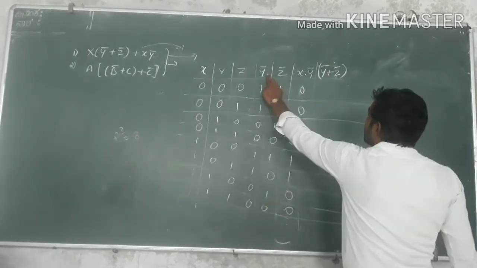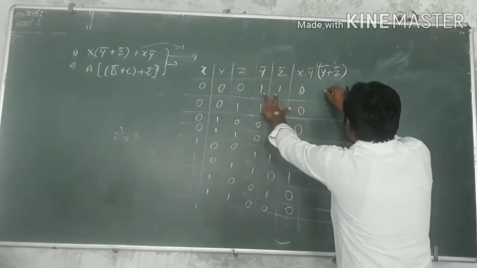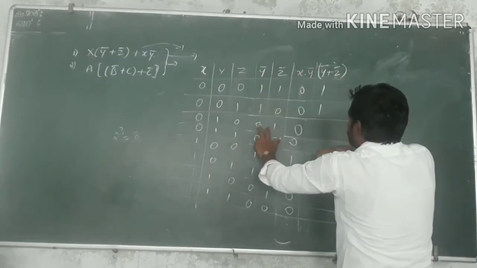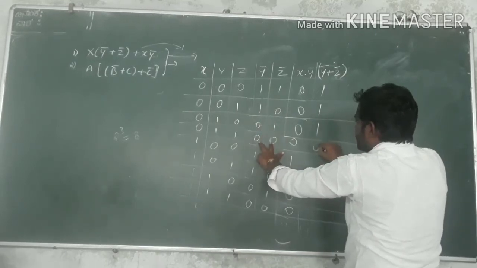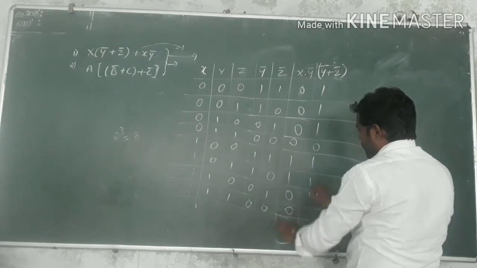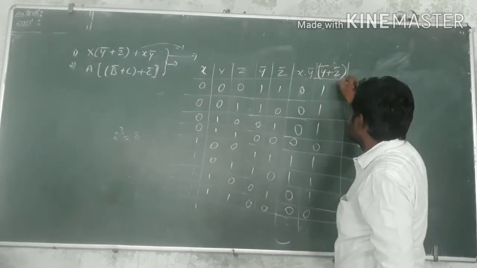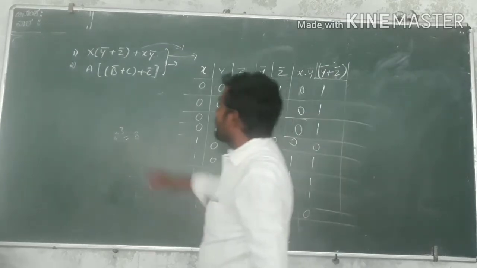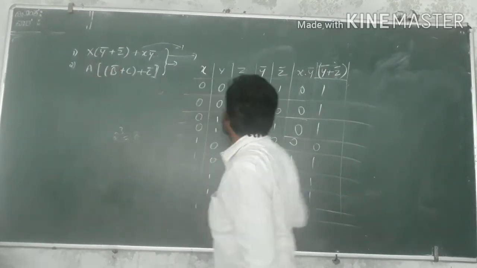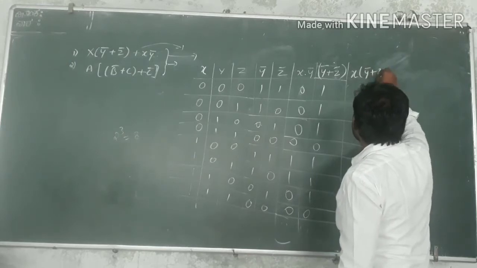Next go over finding the y complement plus z complement. So we have y complement and as well as z complement. We need to go for an addition here. So 1 plus 1 is 1, 1 plus 0 is 1, 0 plus 1 is 1, 0 plus 0 is 0, 1 plus 1 is 1, 1 plus 0 is 1, 0 plus 1 is 1, 0 plus 0 is 0. Next, finding the x into multiplication, that is x into the whole term of y complement plus z complement.